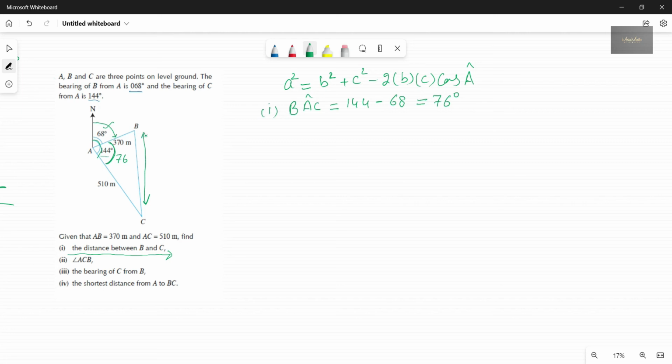So my formula application will be BC squared is equal to 510 squared, the first given side, plus the second given side squared, minus 2 into first given side and second given side, cos of angle 76.